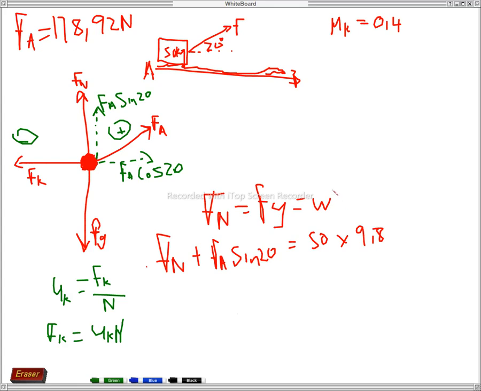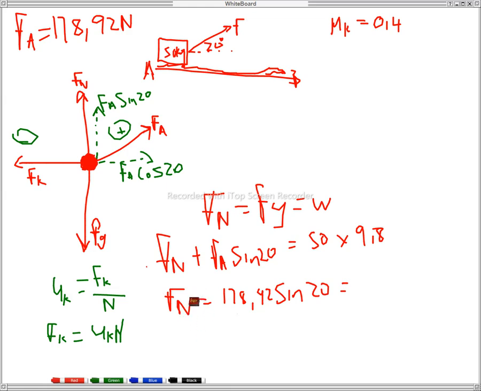And therefore you just have to substitute your values here. We don't have the normal, it's the one we are looking for, and the force applied is 178.92 sine of 20.